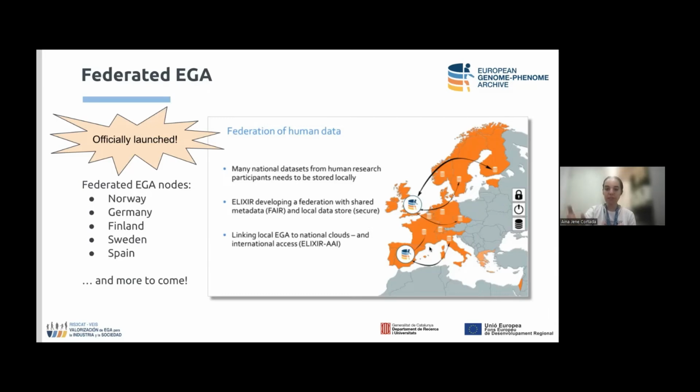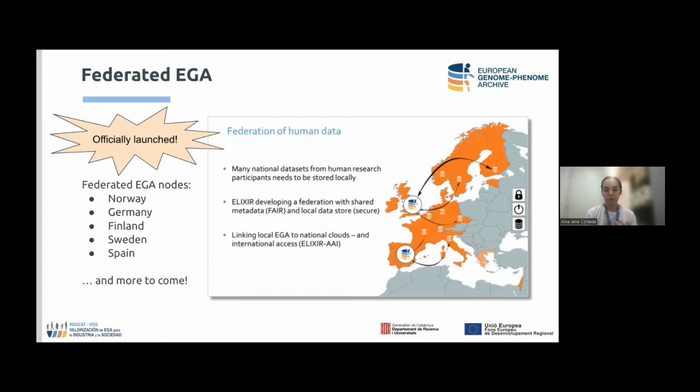So each node stores their data locally, so the data don't leave the country or the jurisdiction. However, we have developed a structure that shares metadata following the FAIR principles and links the nodes to national clouds, and they are accessed using the ELIXIR AAI, which is for authentication and authorization.